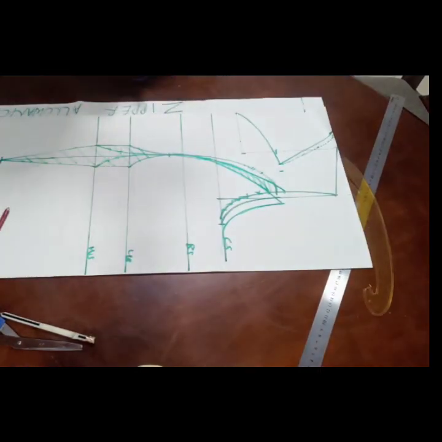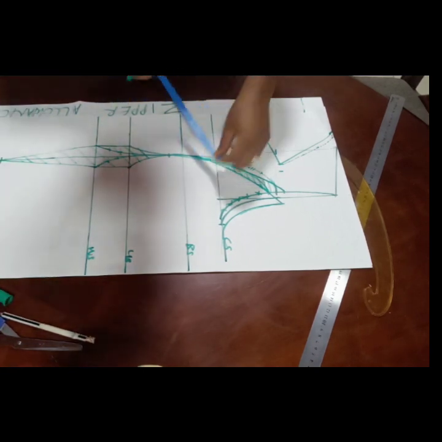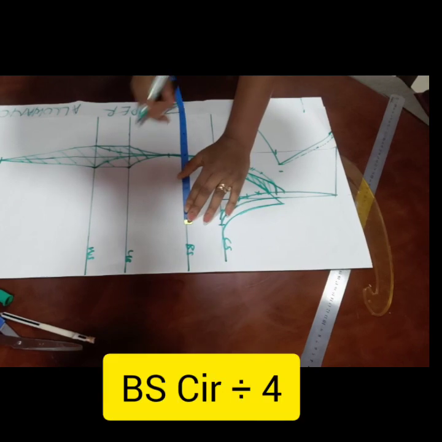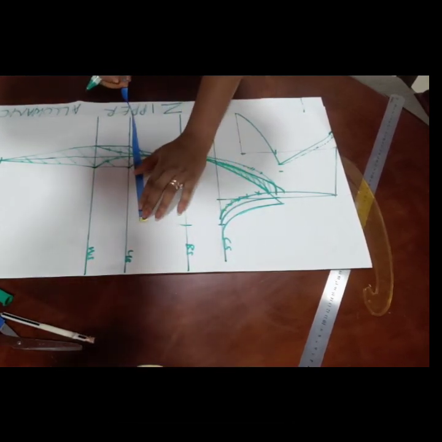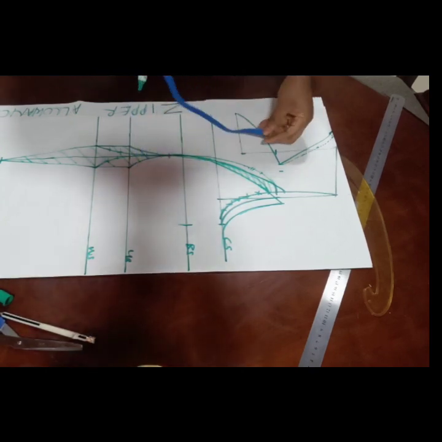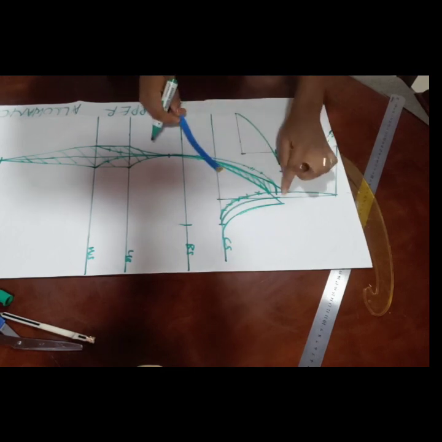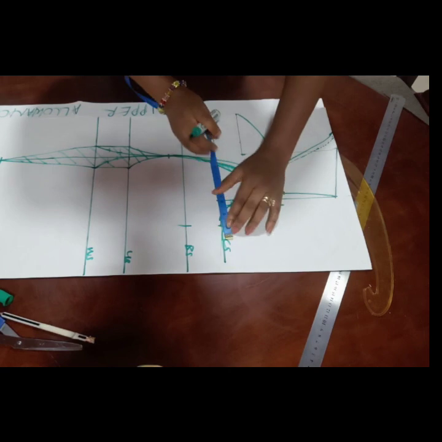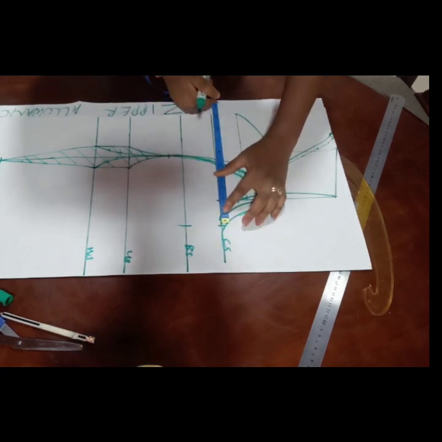So let's just input our measurements now. Our bust circumference is 40 inches. So you divide your bust circumference, whatever your own is, by 4 and mark it. And then remember that because of the dart that we are taking here, we are extending this armhole length.